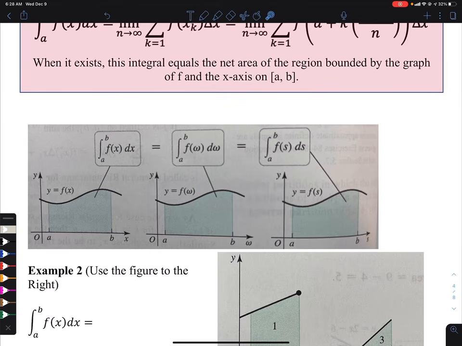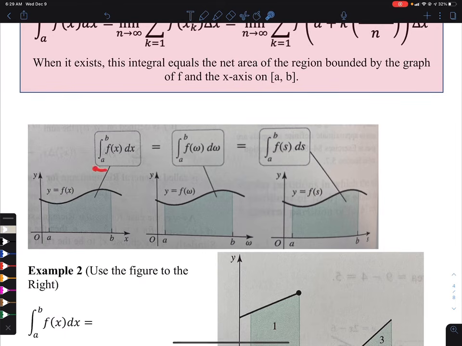The graphs would look exactly the same. It's just a different name for the variable on the x-axis.